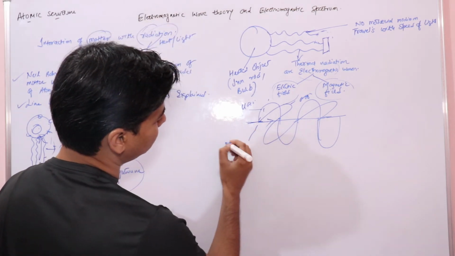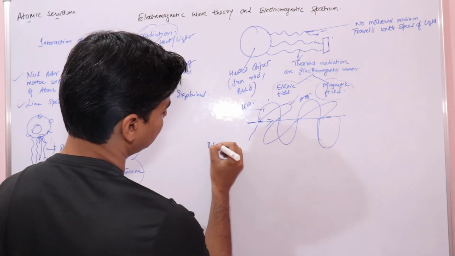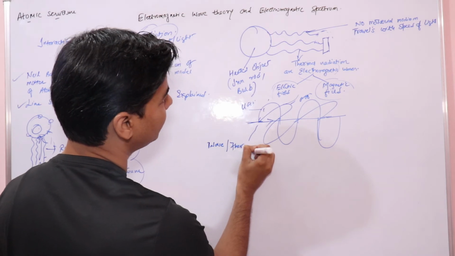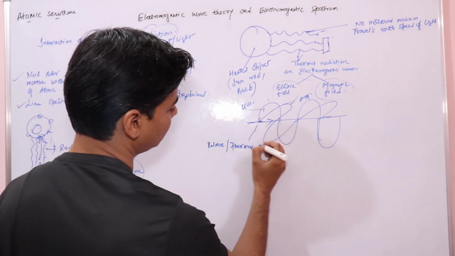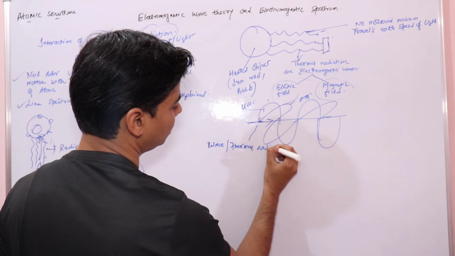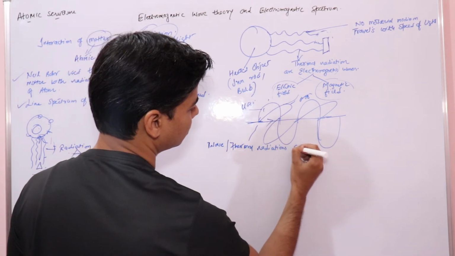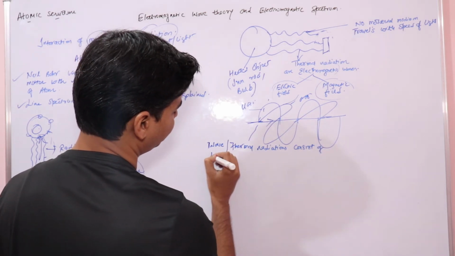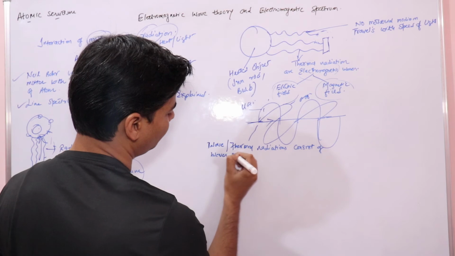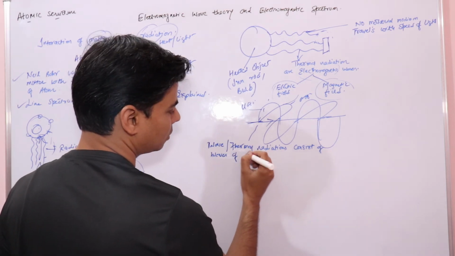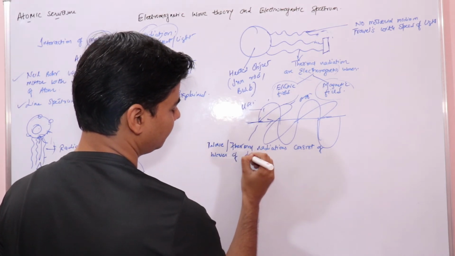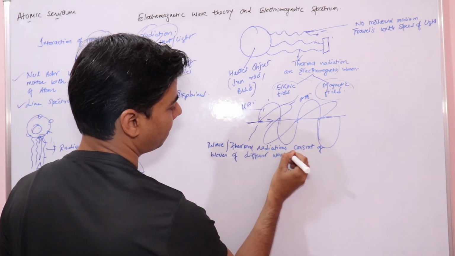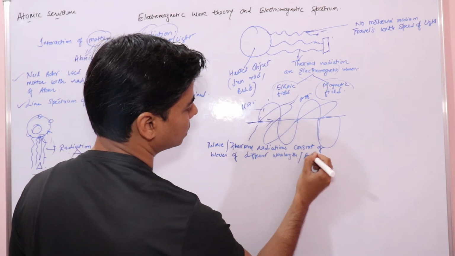So these thermal radiations from this heated bulb or a heated iron object consist of waves of different wavelengths or frequencies.